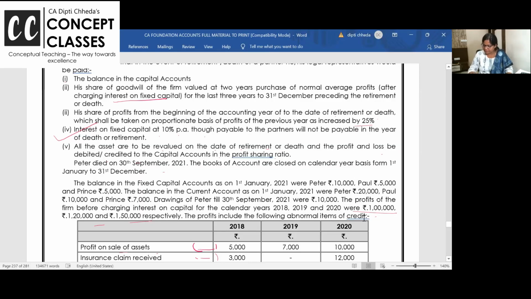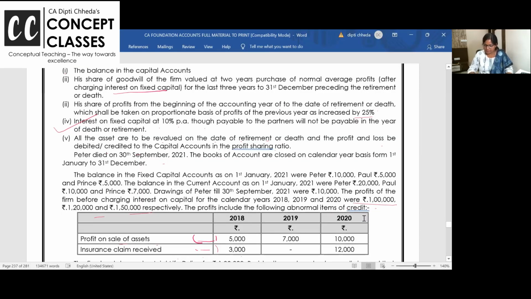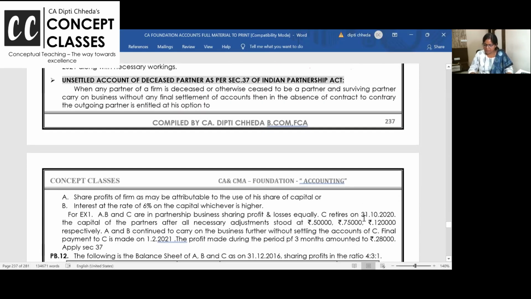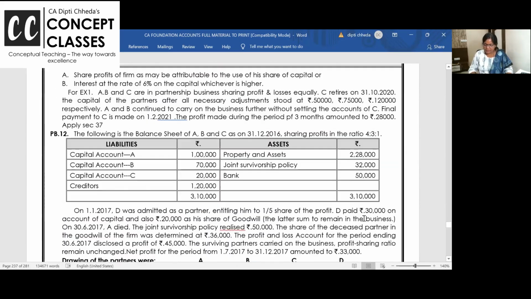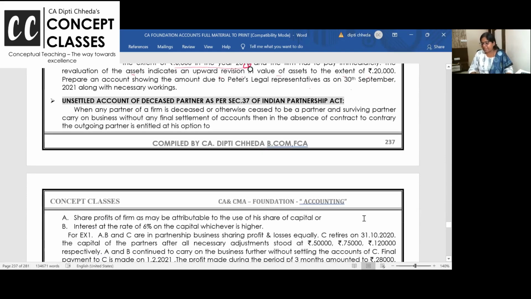Okay, section 37, I'll just explain the concept and we will also write some booster notes. Actually, in case of death of a partner, you have section 37. It's there in the Indian Partnership Act, but I didn't see it in the foundation syllabus as a problem solved. But I'll explain the concept.